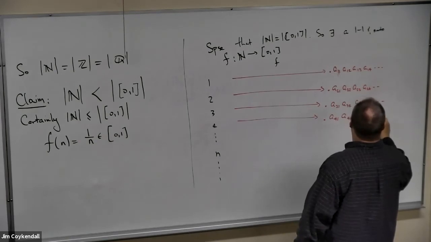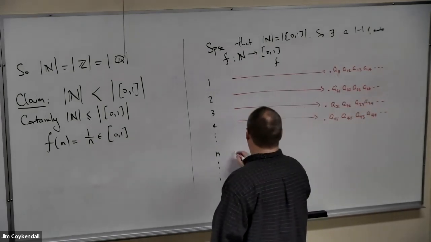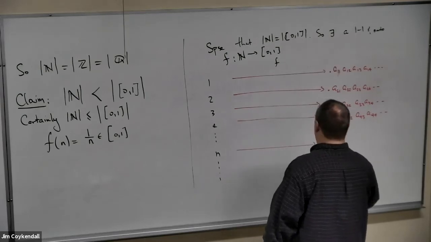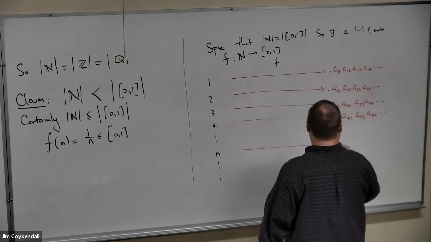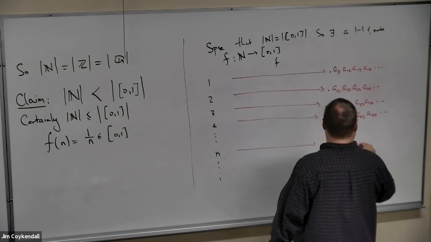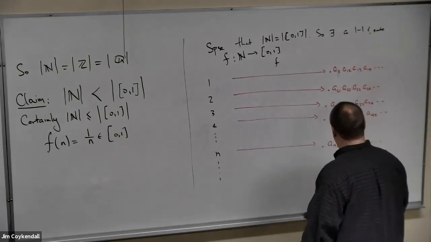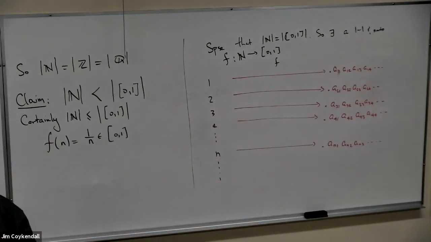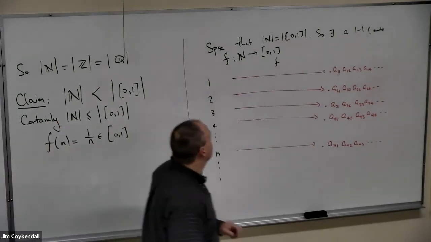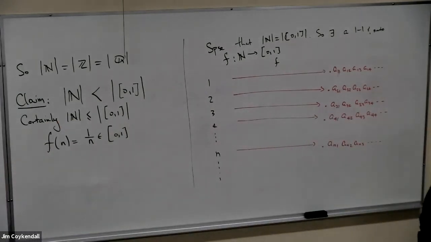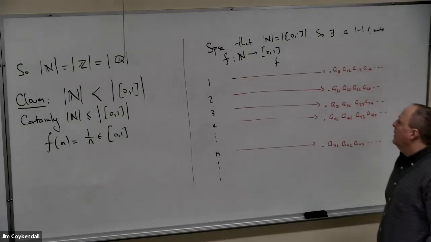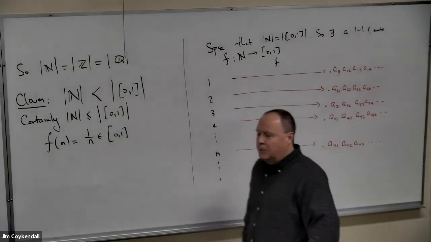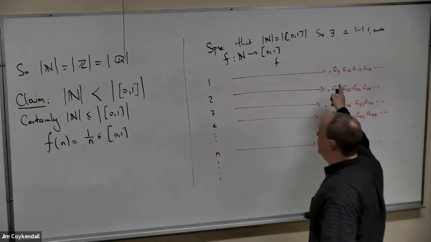By the way, does anybody see a possible danger I might run into? Well, one danger is as follows. Sometimes there are multiple ways of writing decimals. Are you guys familiar with this?